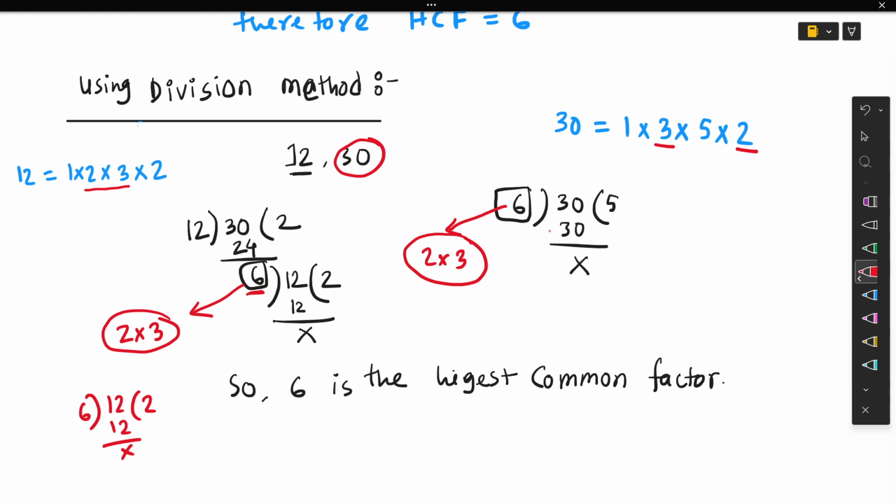Similarly, if you divide 30 with 6, you have no remainder. Therefore this is the highest possible value with which, if you divide 30 and 12, you will have no remainder. So by definition it is the highest common factor.